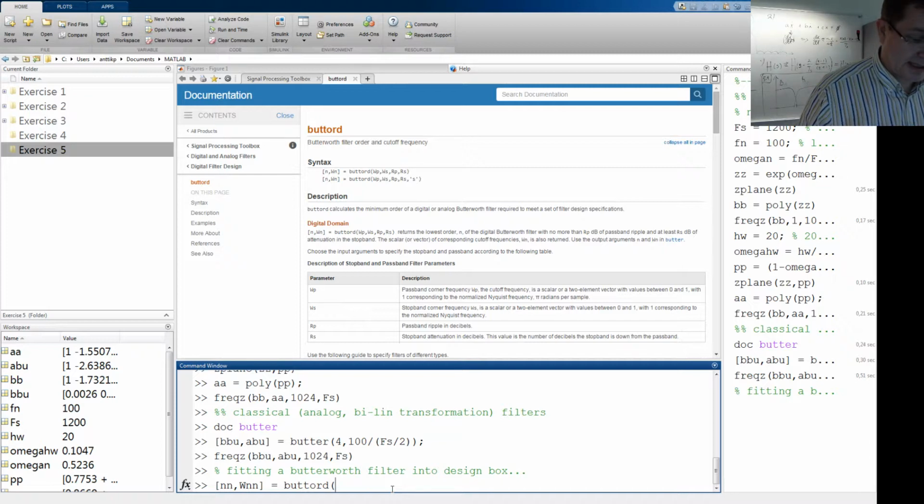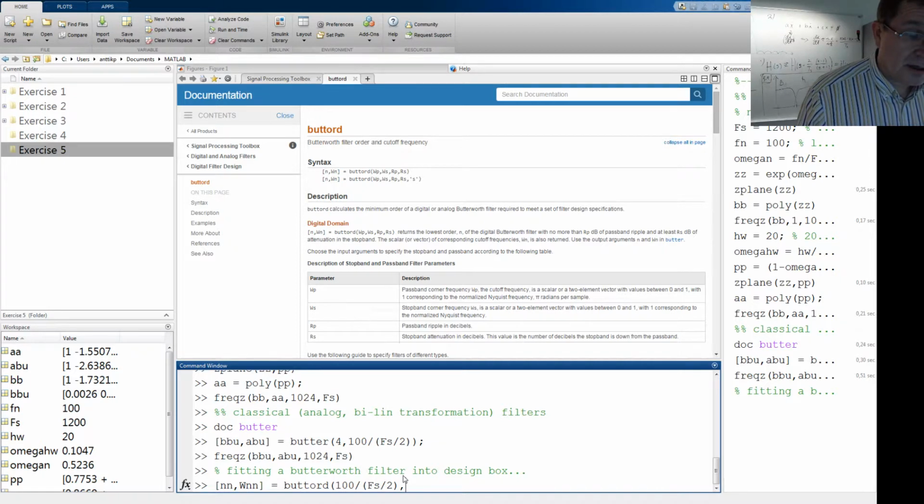Passband starts at, so that was the 100 hertz, right? Okay, divided by fs divided by 2 there.